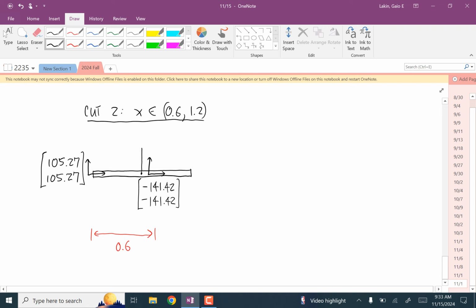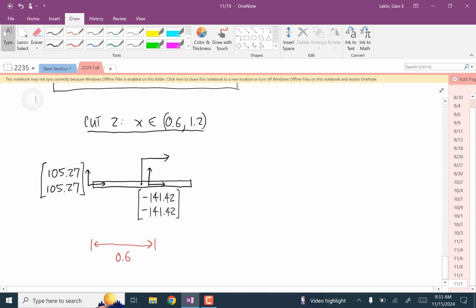We still have a force this way of 57.81x, and a downward force of 57.81x. And what's this distance? x over 2. Correct. He said it slow so you could all get it in your notes.